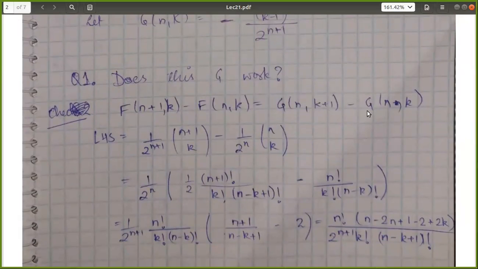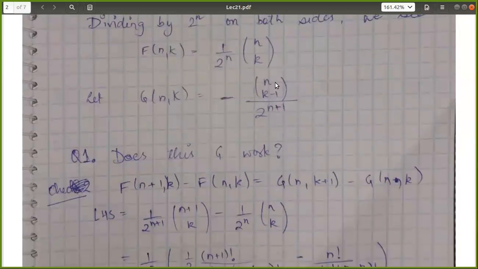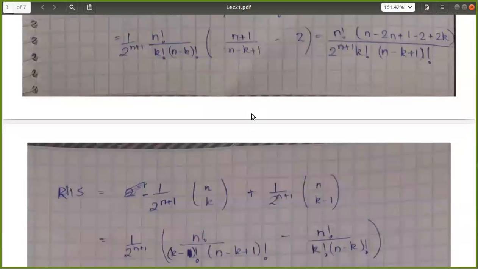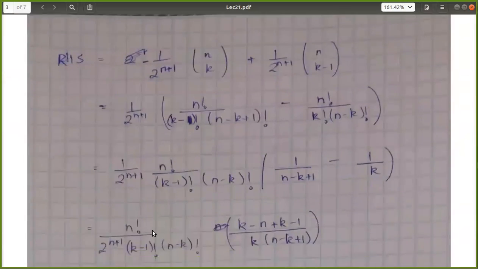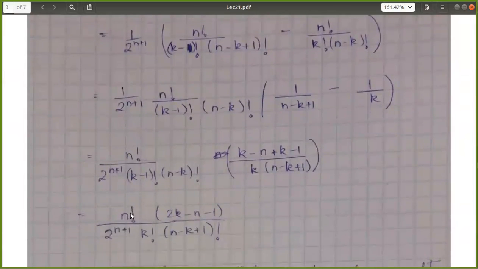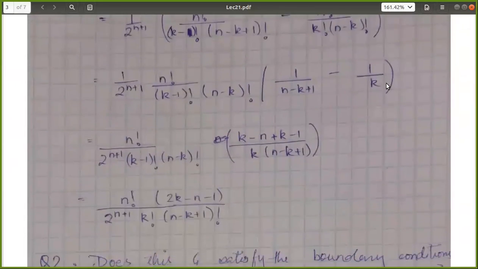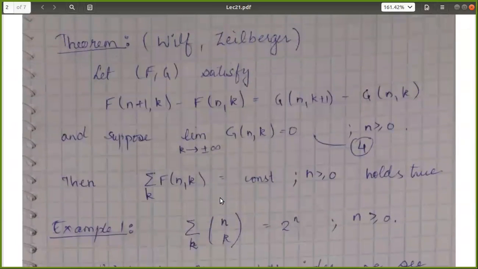Similarly, I attack the right side with the n choose k substitution, and after evaluation get that this is also n factorial times 2k minus n minus 1 over 2 raised to n plus 1 times k factorial times n minus k plus 1 factorial. So both of these terms match up. So at least the F and G given to me satisfy this particular equation.